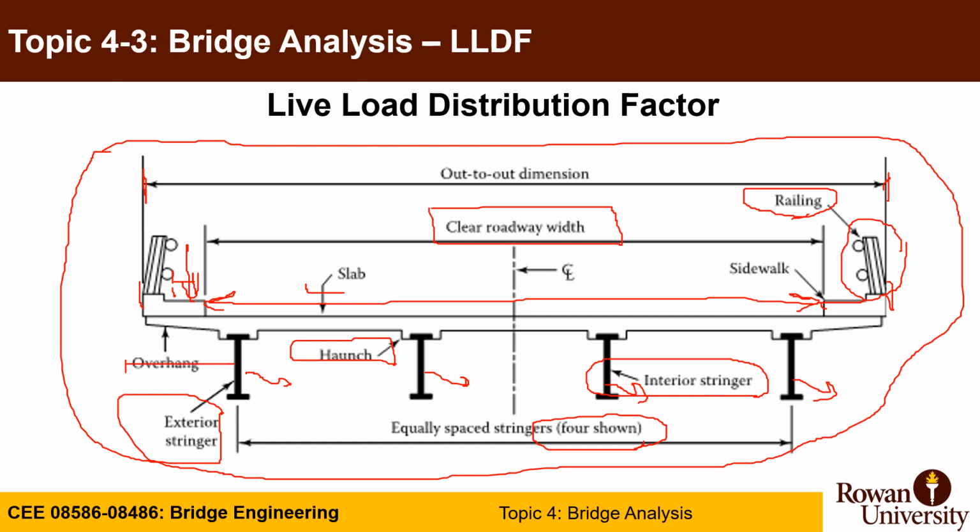And now our focus is, if we have a truck in this direction, moving along the bridge direction, how can I divide the load and distribute it between different girders? And this is what's called the live load distribution factor.